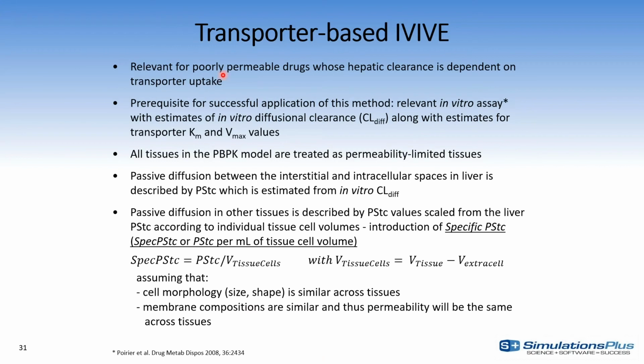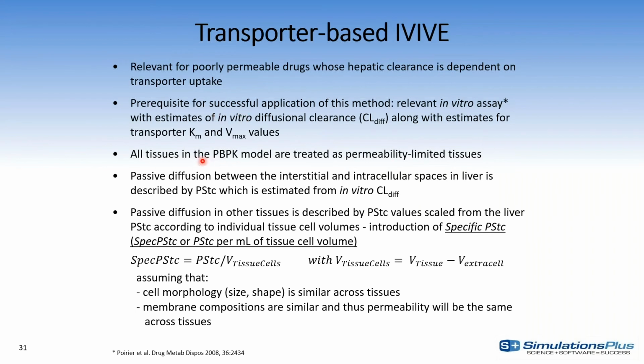So here comes our transporter-based IVIVE. It's more relevant for poorly permeable drugs, which have hepatic clearance depending on the transporter uptake. The prerequisite for successful application is that the diffusional clearance be measured along with the transporter Km and Vmax values.